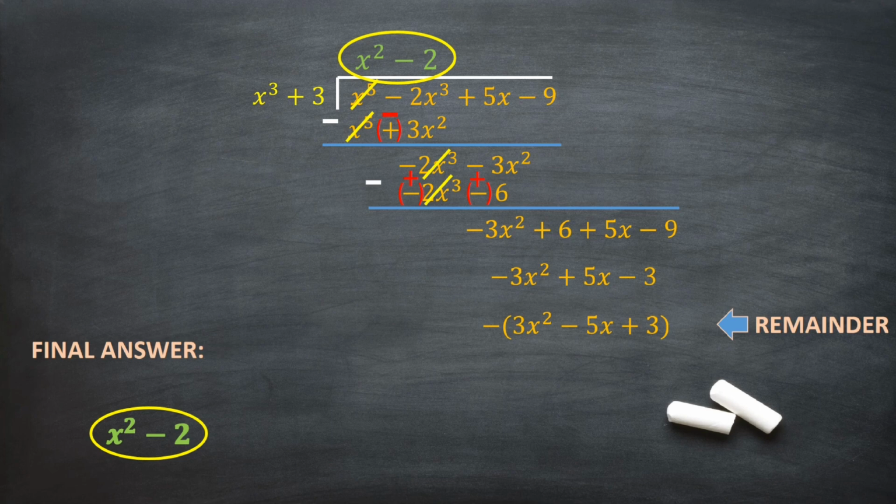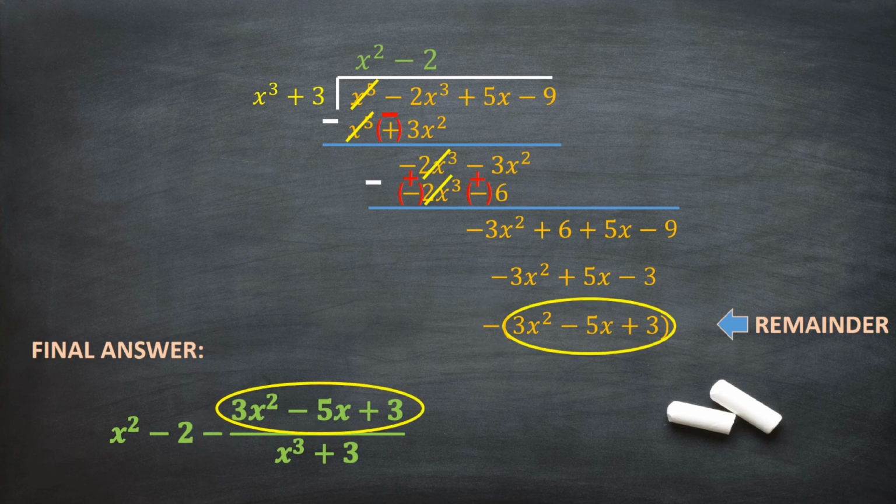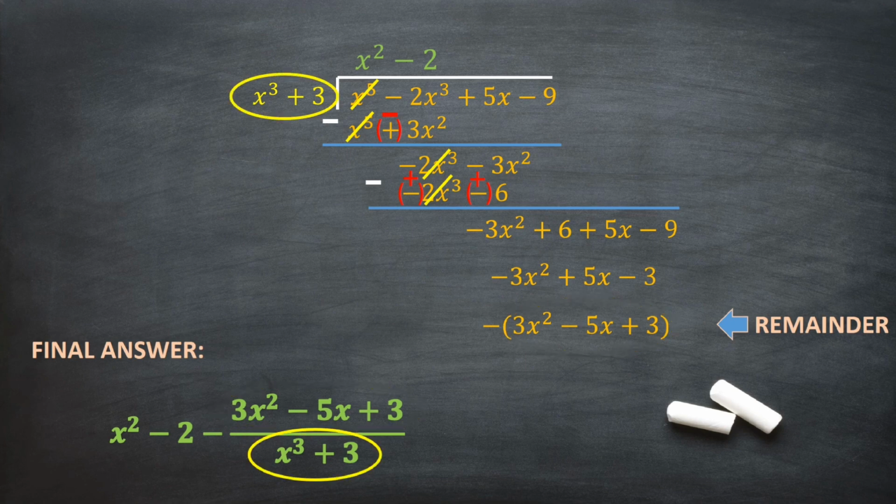But if it is positive, or doesn't have any sign, it will just be plus. In this case, since our remainder carries a negative sign that we factored out, our remainder will be subtracted. So minus our remainder 3x squared minus 5x plus 3 over our divisor, which is x cubed plus 3.